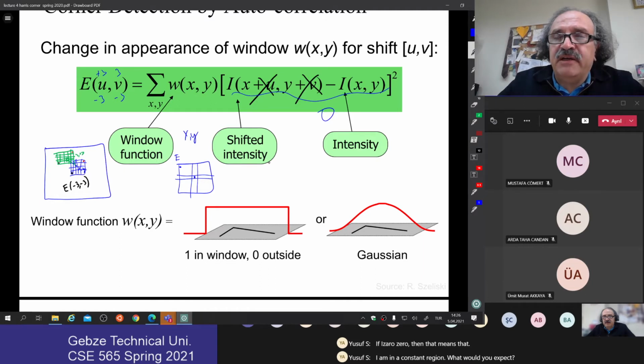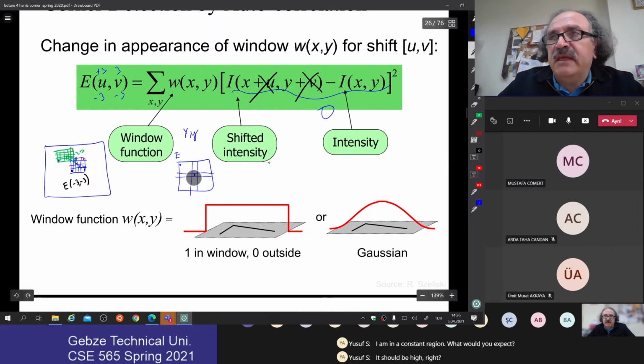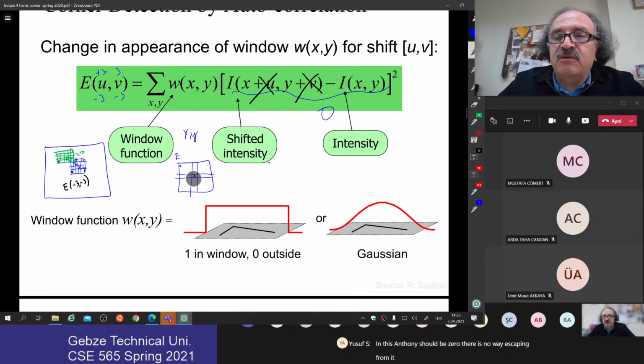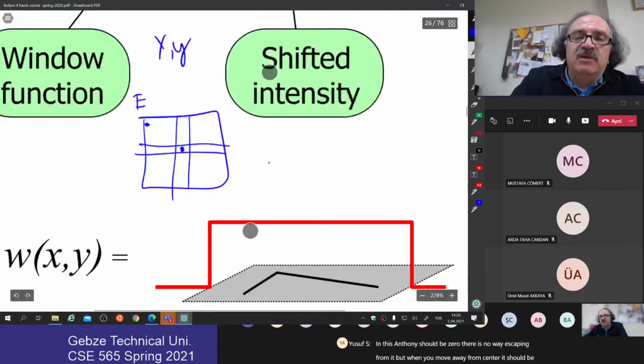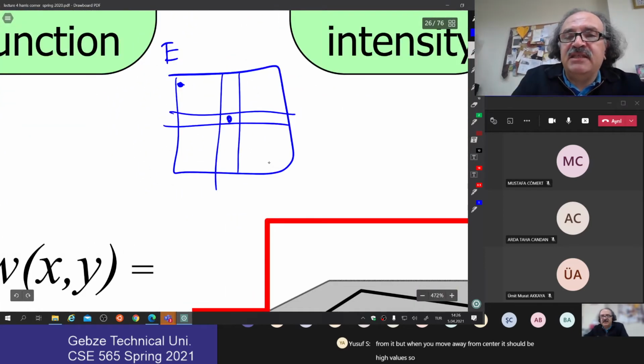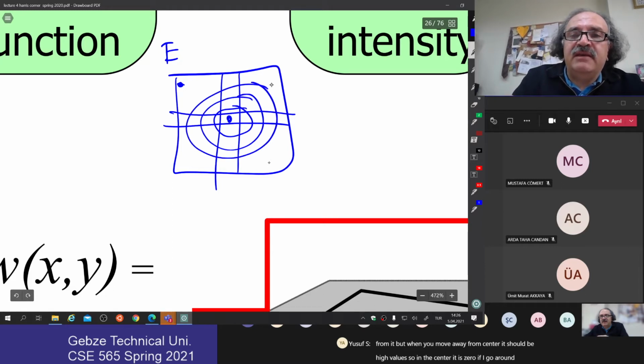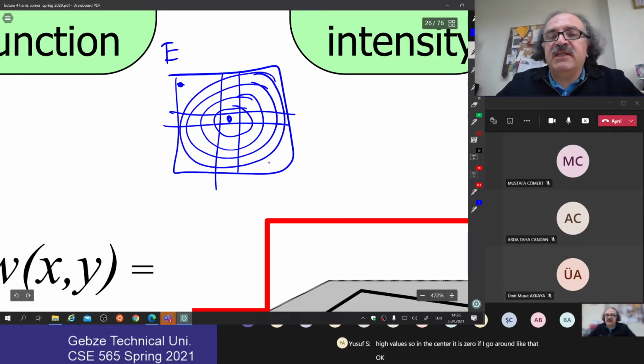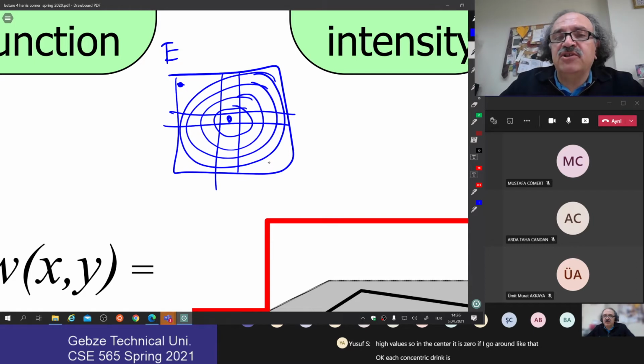It should be high, right? In the center, it should be 0. There is no way escaping from it. But when you move away from center, it should be high values. So in the center, it is 0. If I go around like that, each concentric ring is going to have larger values.